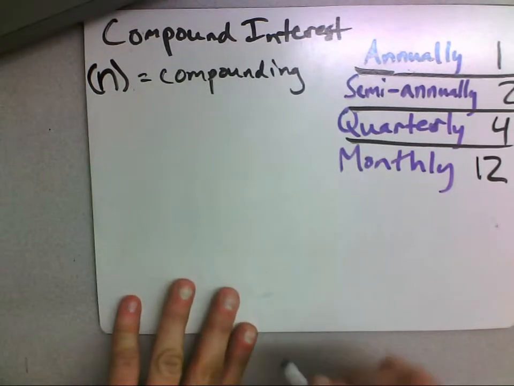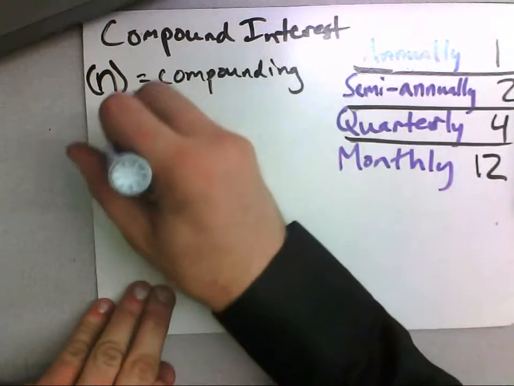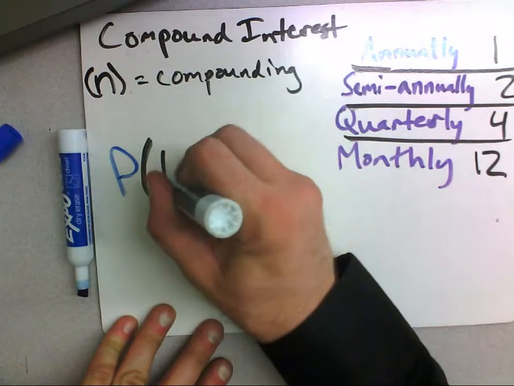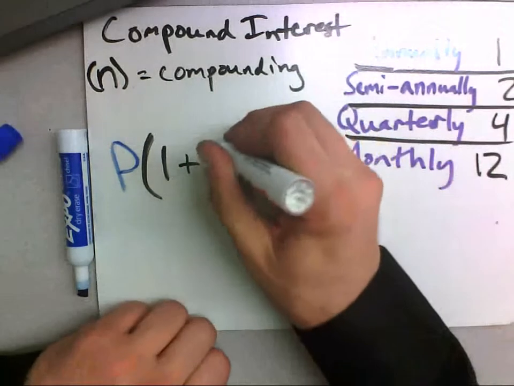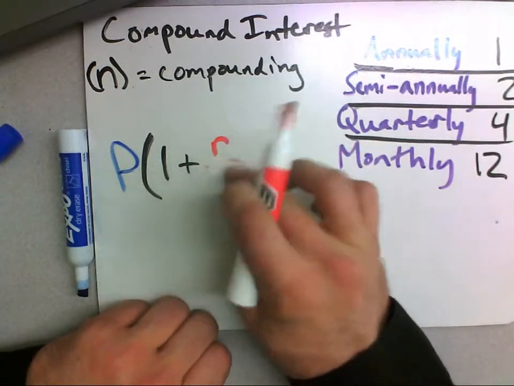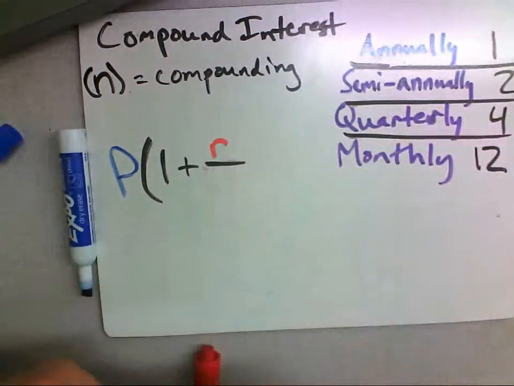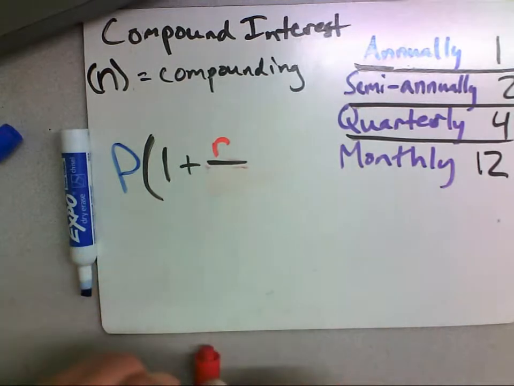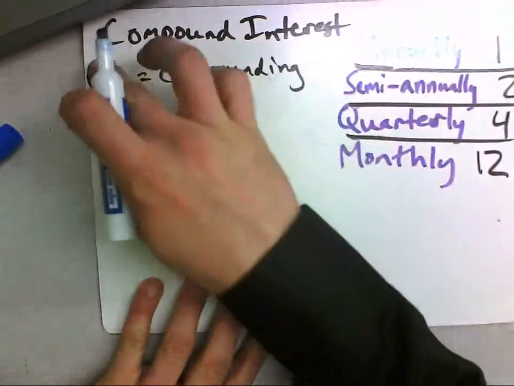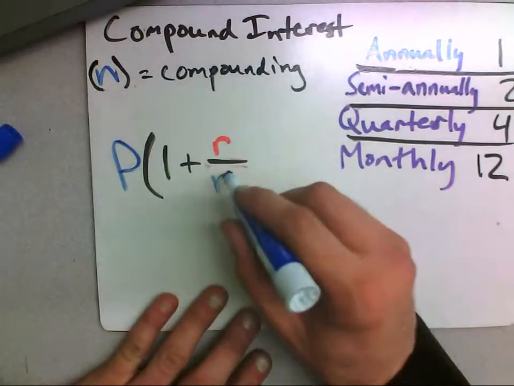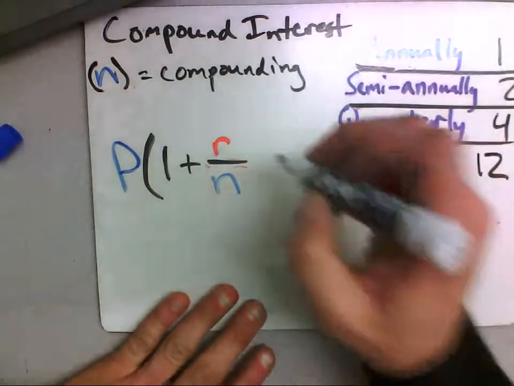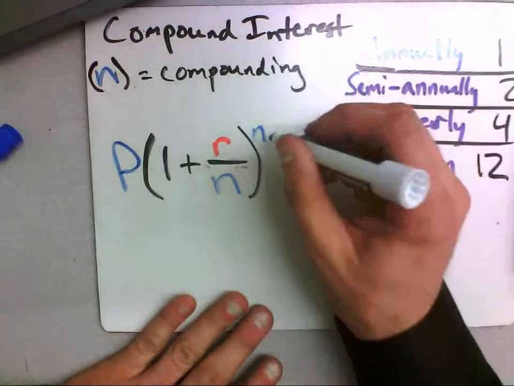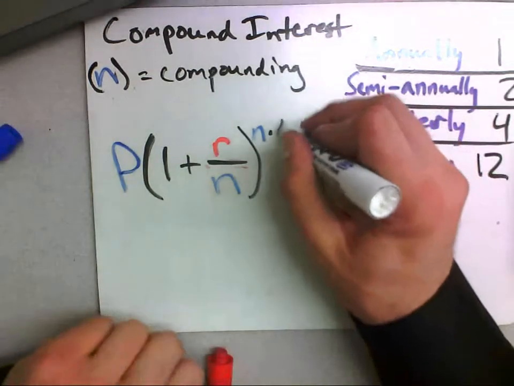All right, now that we've got that down, let me give you a beastie of a formula. The compound interest formula is P times the sum of 1 plus rate over our new little friend here, the compounding periods, raised to the power, the exponent, of our compounding periods times our time.